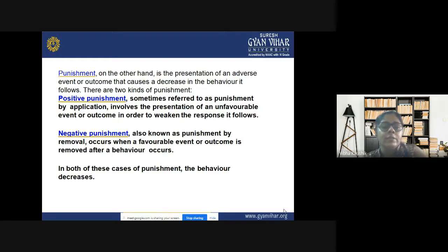The first one is positive punishment, sometimes referred to as punishment by application, which involves the presentation of an unfavorable event or outcome in order to weaken the response it follows. Negative punishment, also known as punishment by removal, occurs when a favorable event or outcome is removed after a behavior occurs. In both of these cases of punishment, the behavior decreases.